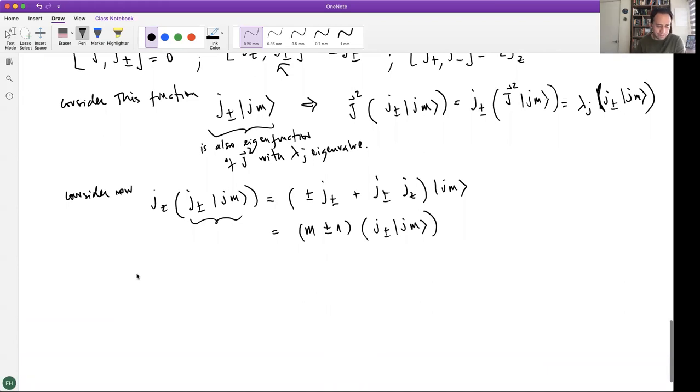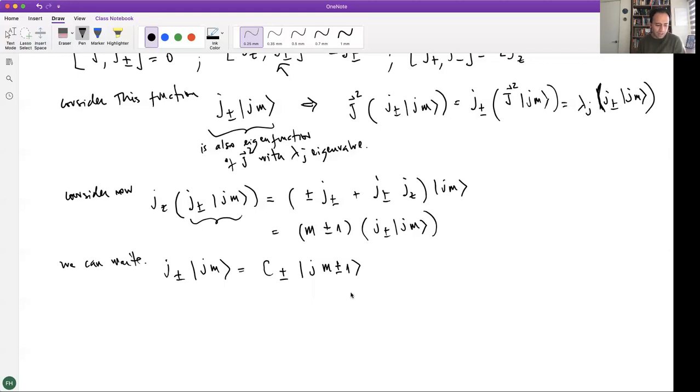So we can write, J plus minus acting on Jm gives a constant that we're going to call C plus minus, and returns the tensor state with the same value of J, because it shares the eigenvalue lambda J, but has a different value of M. So now M of the new state is M plus minus 1.